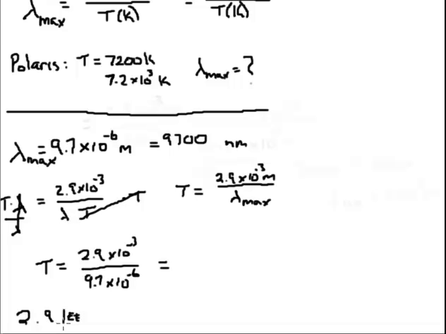Double E means times 10 to the power of. So you type that, and then you type negative 3, right? And then you divide that by the same thing, 9.7 EE negative 6. If we type that in, we get 299 Kelvin.